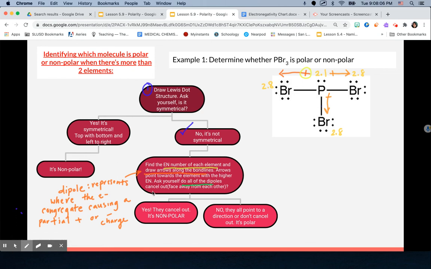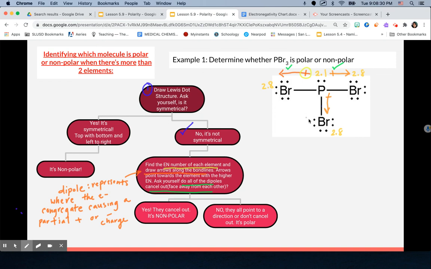I'm going to do this part in green. Right. So the one pointing left and the one pointing right will cancel out and face away from each other. So yes, this one does. But this dipole pointing down, all the electrons are down here, but there's no dipole pointing up to cancel this out.